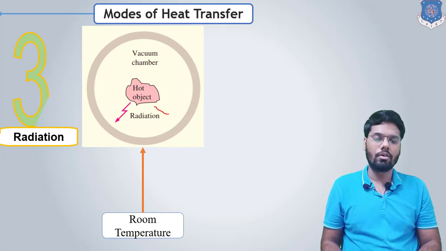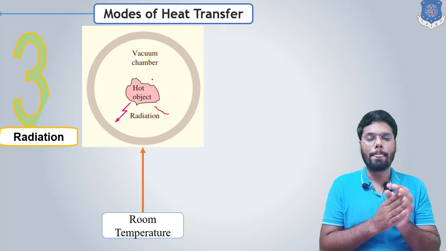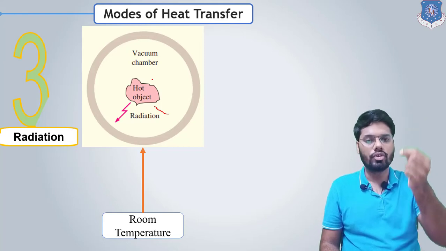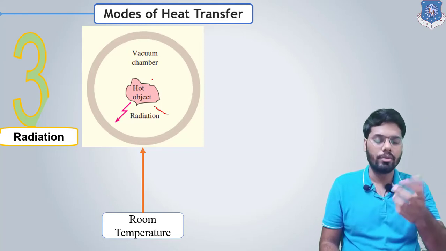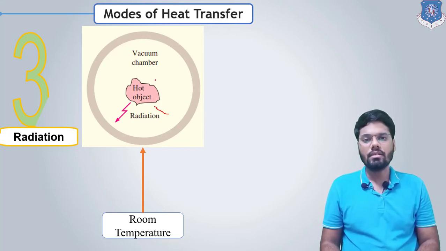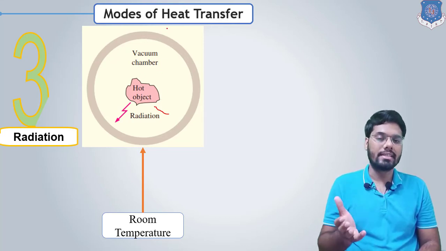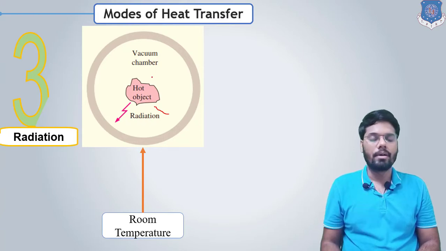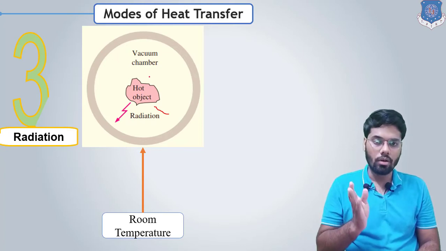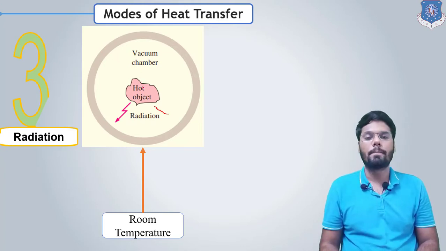The hot object is kept in the vacuum chamber supported by a very thin string of non-thermally-conductive material. The temperature of this object is very high compared to the wall of the chamber, so because of the temperature difference, there must be heat transfer between the wall of the chamber and the hot object.